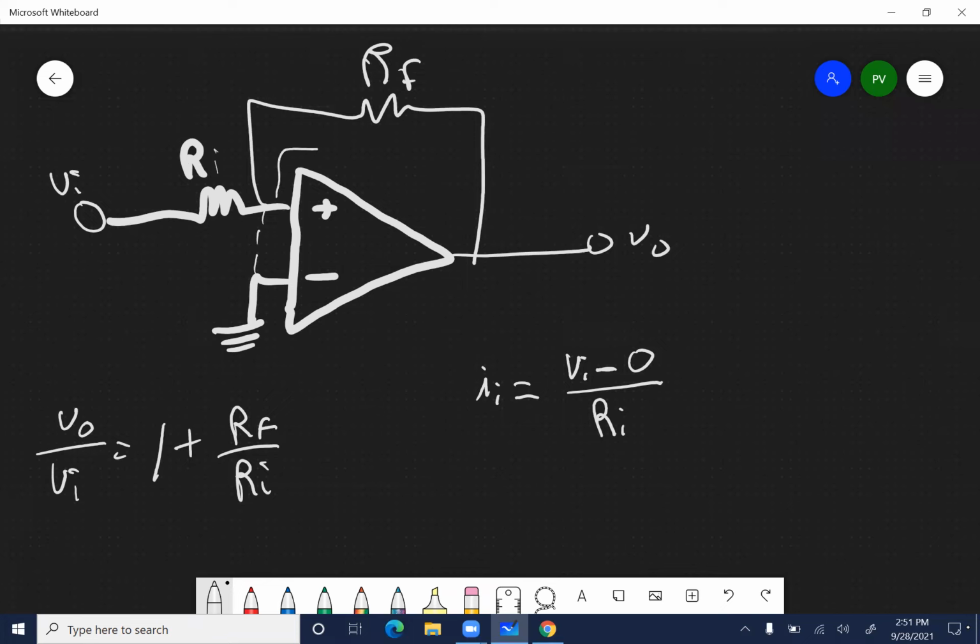And this current here is, let's see, am I doing this right? I think I'm not doing this right. Let's continue on. So that's equal to 0 minus V out over RF, but I don't think I'm doing this right because it should be non-inverting.